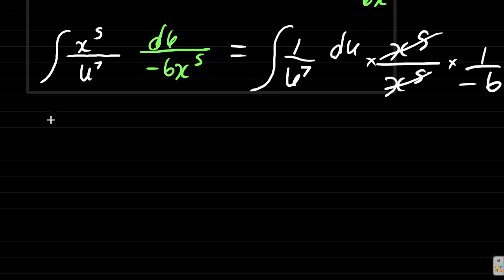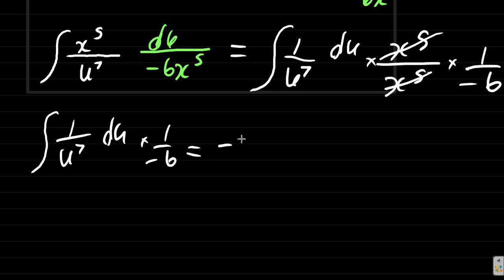So what we have now is the integral of 1 over u to the 7 du times 1 over negative 6, which can be written as negative 1/6 integral of 1 over u to the 7 du. See that?